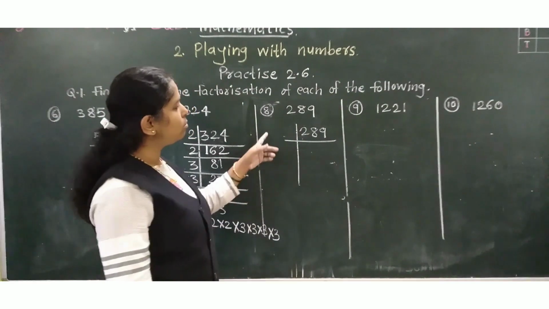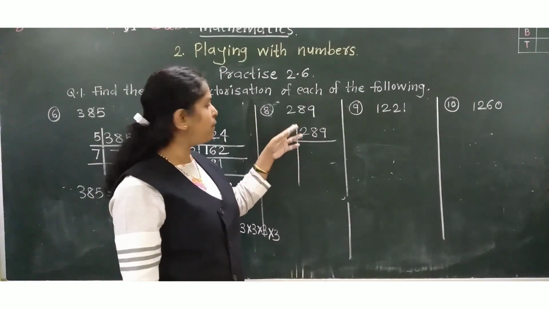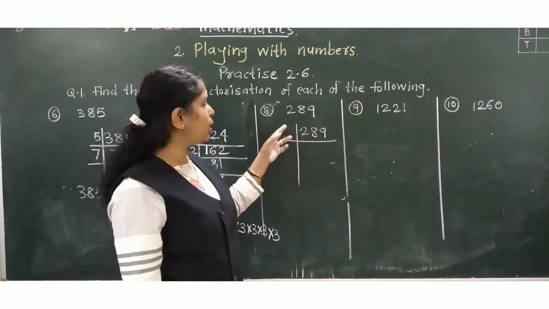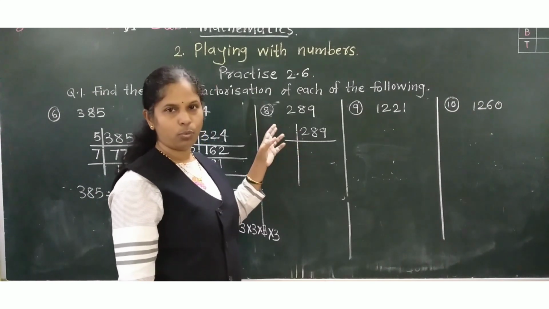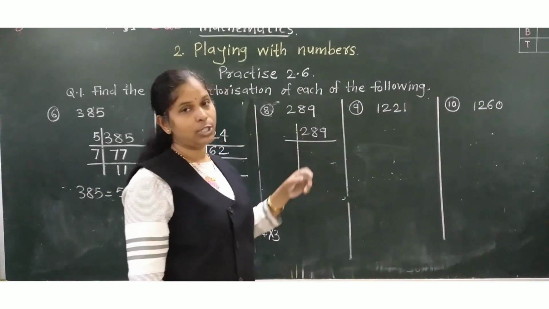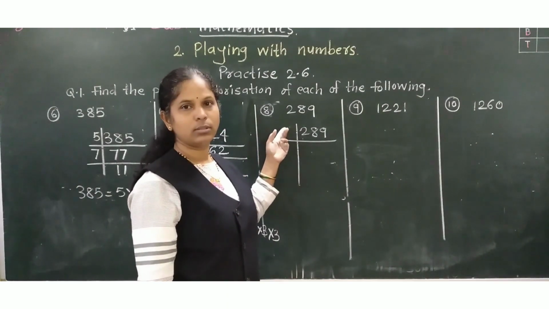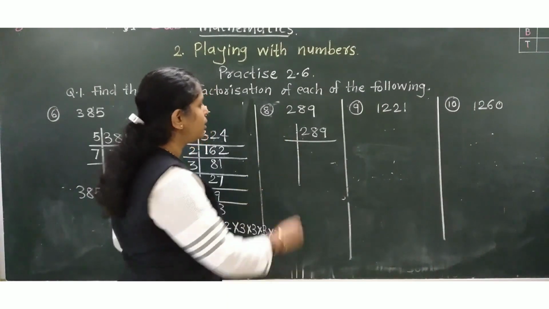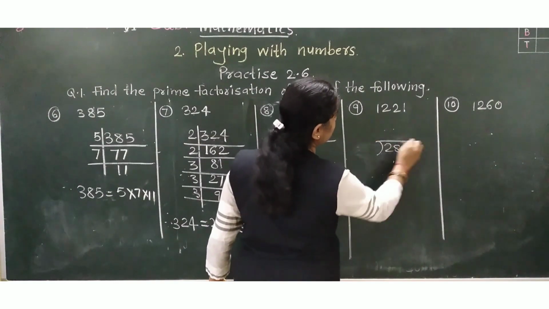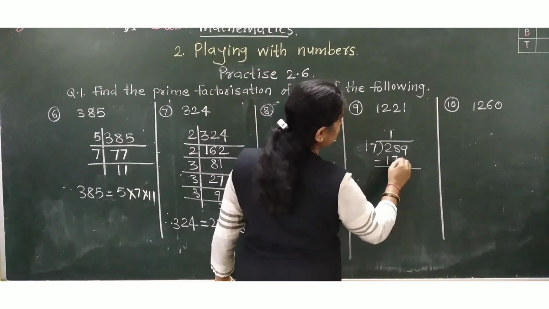So see here, by 7, not possible. 11, no. 13, no. 17, can we divide it by 17? Just see. Can we divide? See, 17, 289. 17 ones are 17. 1 1.